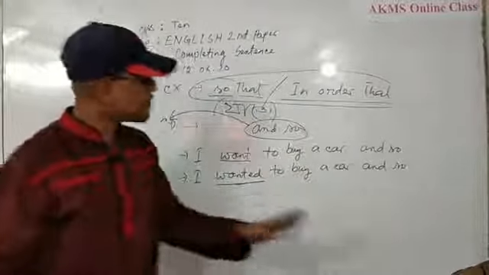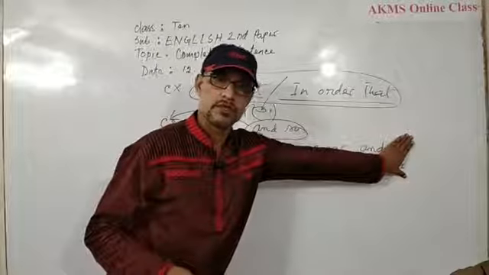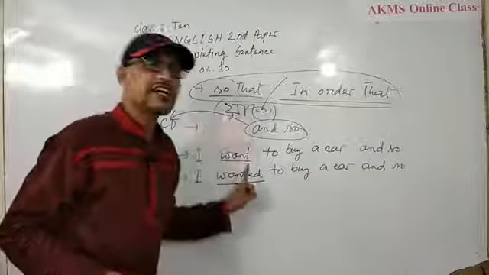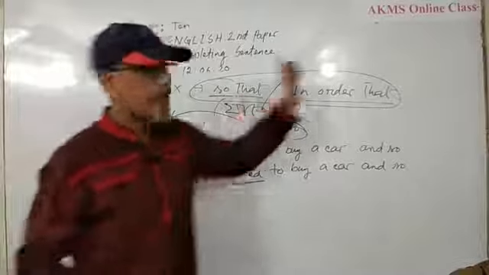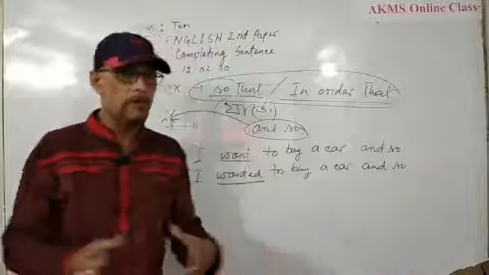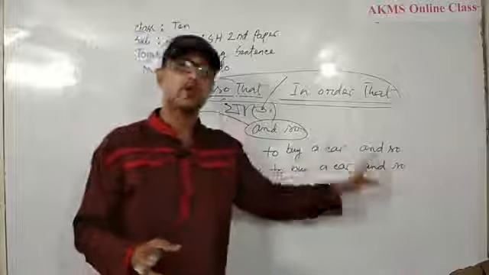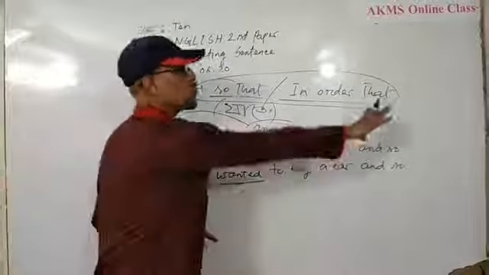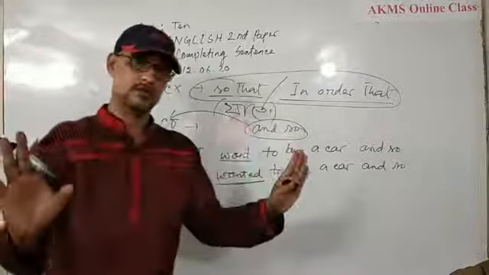The examiner may not give you so, but you should know that the objective or aim and the action will be combined with the use of and so. You will write so. And after and so, there will be a full clause.